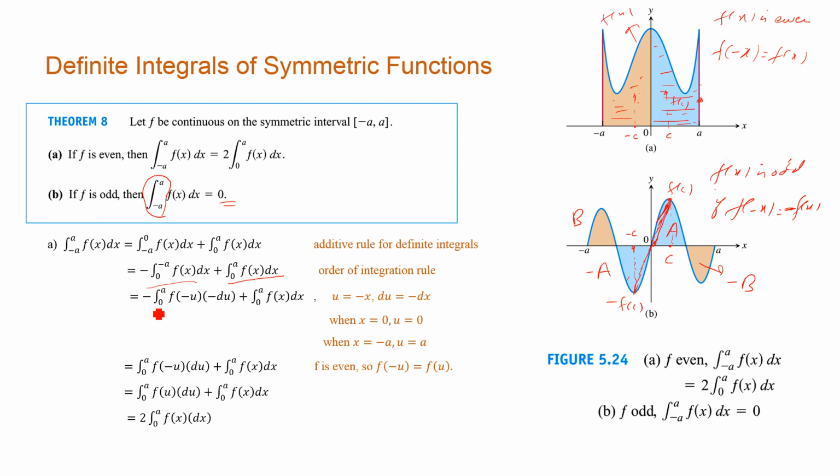So what we are going to do, we are going to make a substitution in this case. Make a substitution as x is equal to minus u, that is u is equal to minus x. So x is equal to minus u will make the function f of minus u, and then dx is equal to minus du.